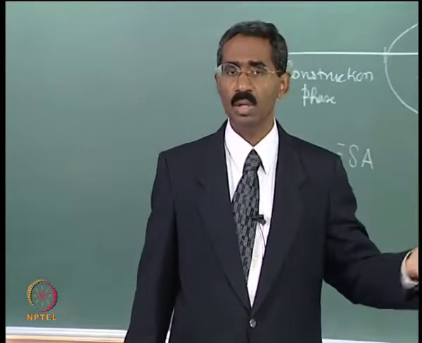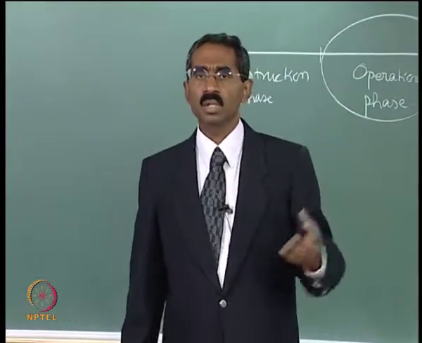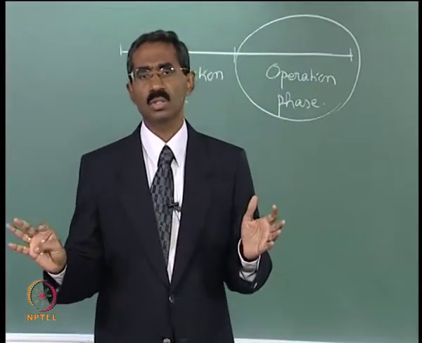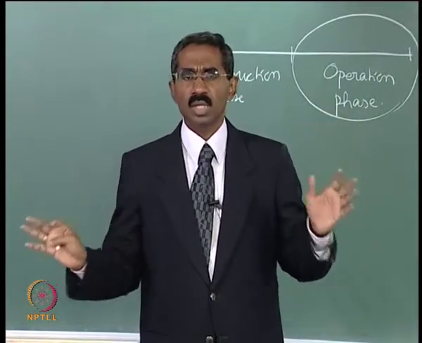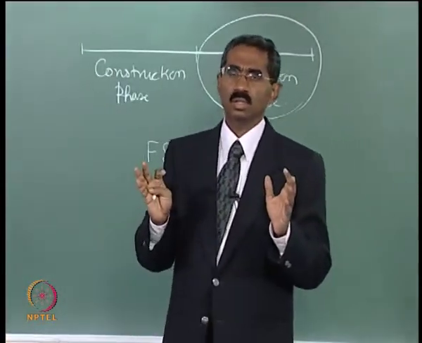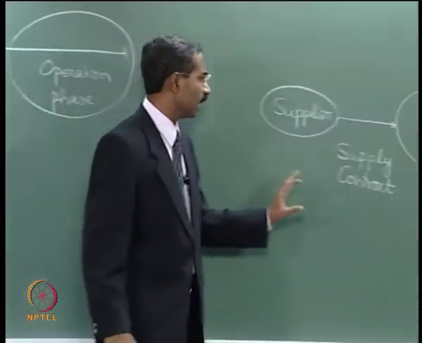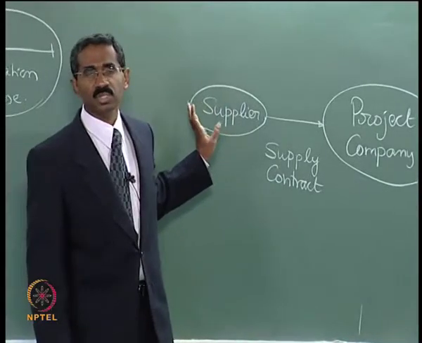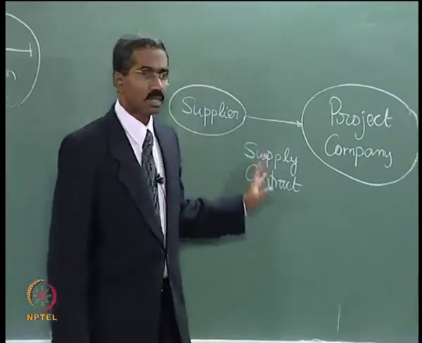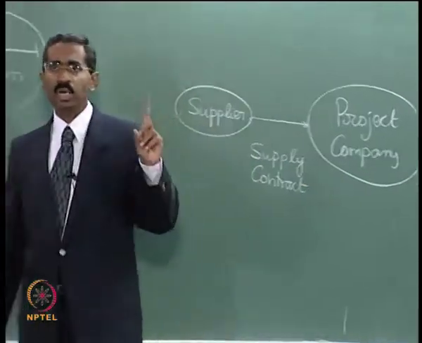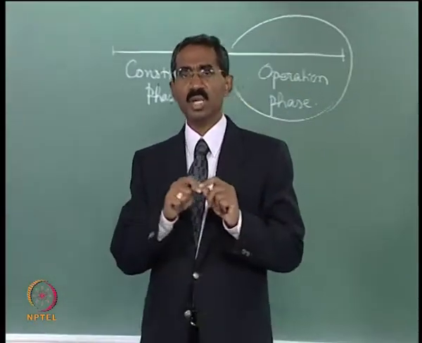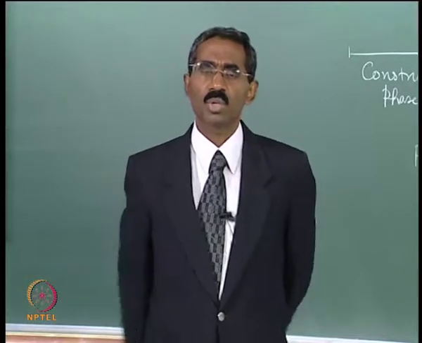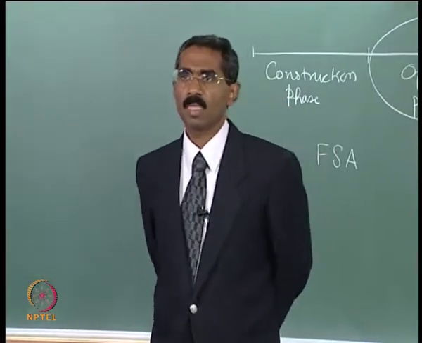Say for example it could be Coal India Limited, or if coal is being imported, it could be from a particular source. So it is actually governed by an exclusive supplier. You do not really have many suppliers. The supplier can actually have many subcontractors, but the contract is with one single supplier. So there will be one exclusive supplier from where the project company is going to get all the supplies.